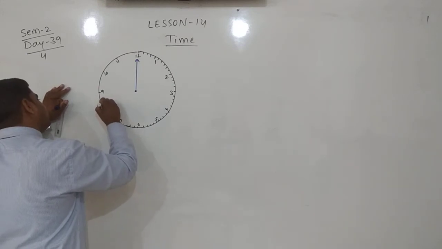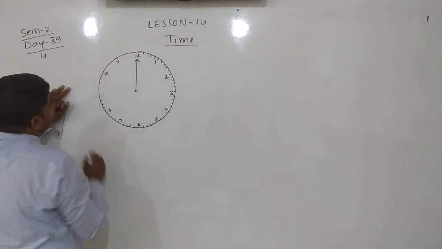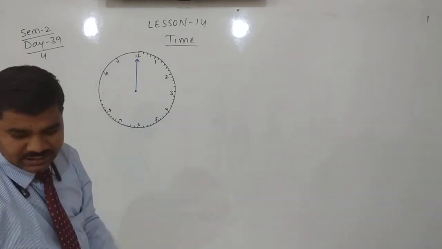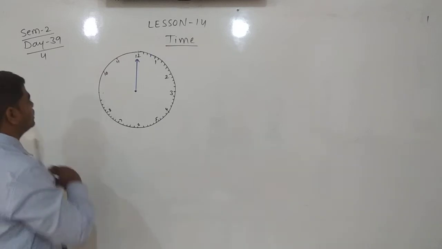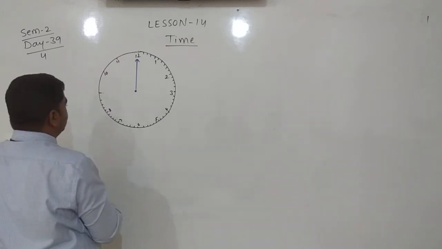How many are there? 60 are there. What do these 60 show us? Yes, these 60 show us minutes. Each point shows us a minute.